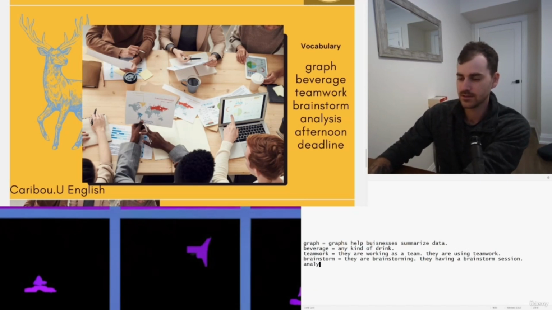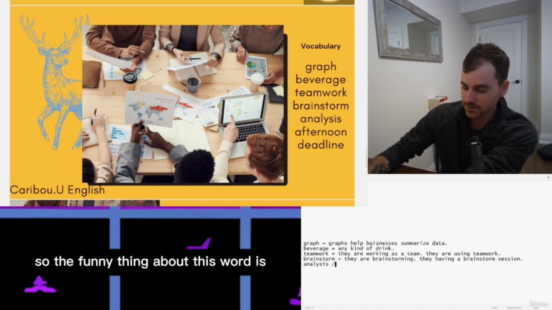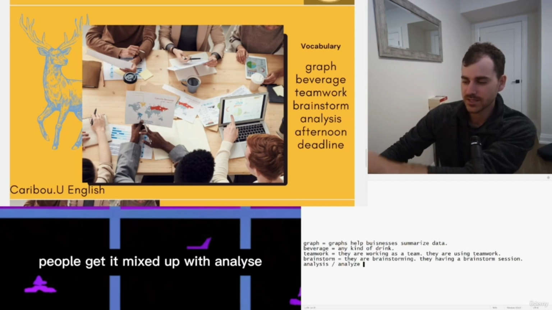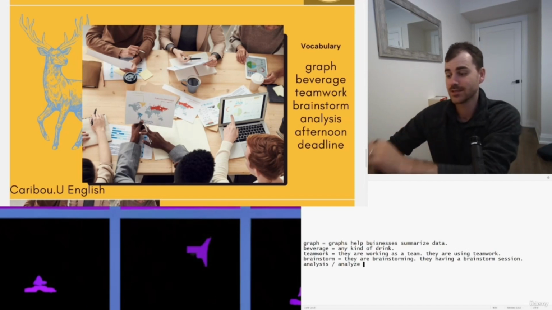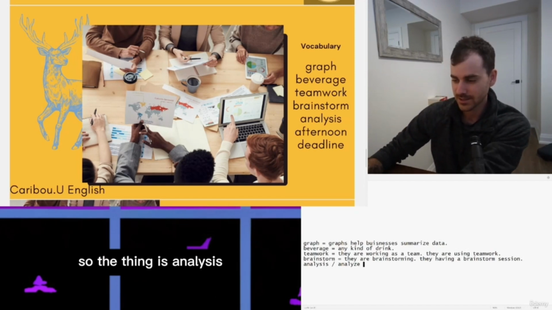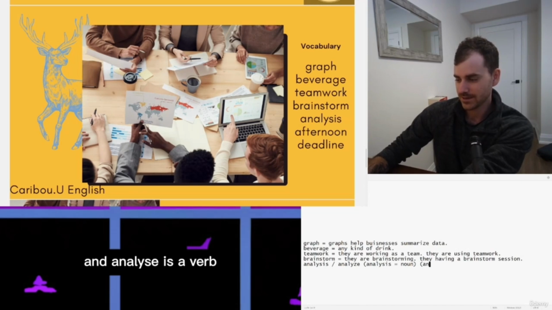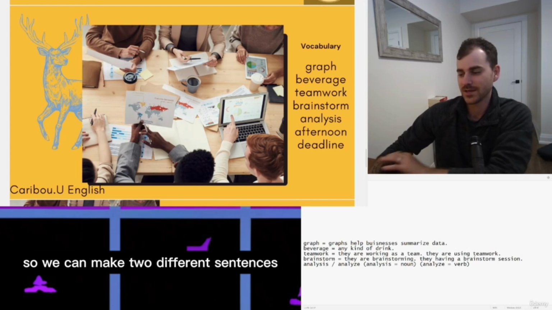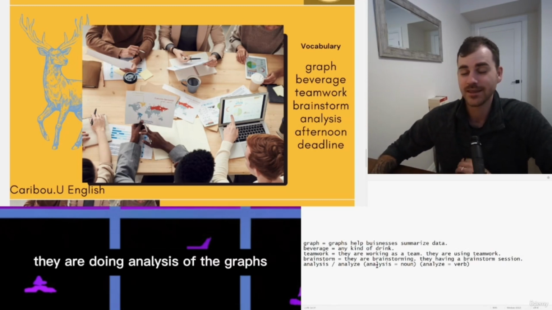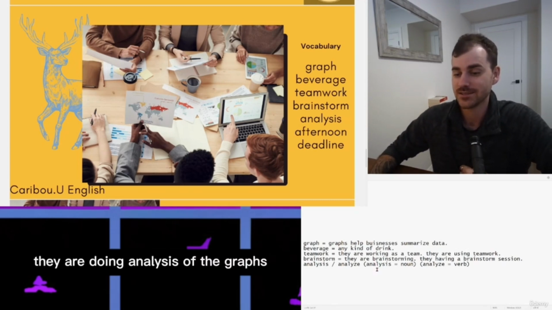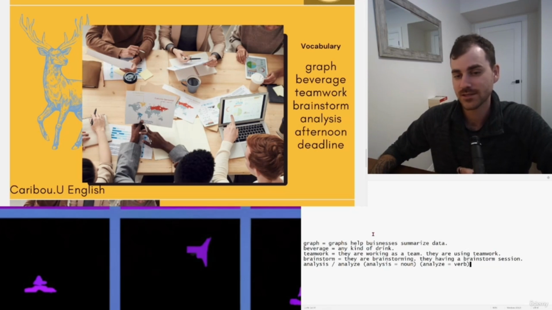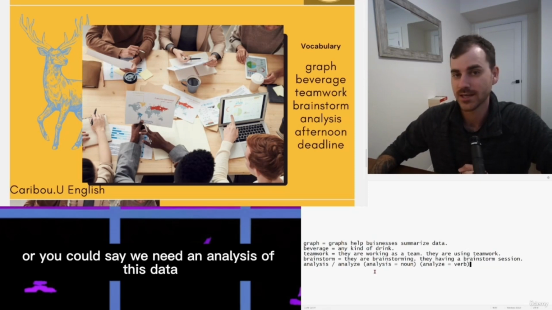Analysis. So the funny thing about this word is people get it mixed up with analyze. So the thing is, analysis is a noun, and analyze is a verb. So we can make two different sentences. They are doing analysis of the graphs, or you could say, we need an analysis of this data.